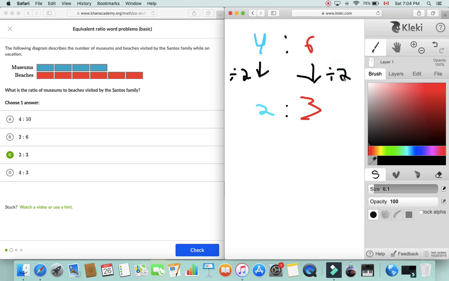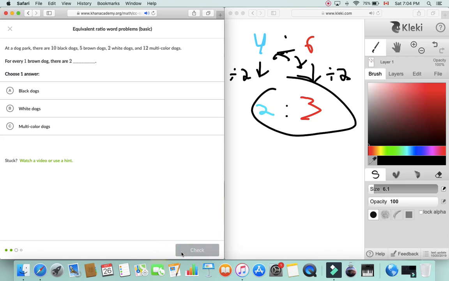If you do something on one side, you have to do the same thing on the other side. So it's this. Yes!